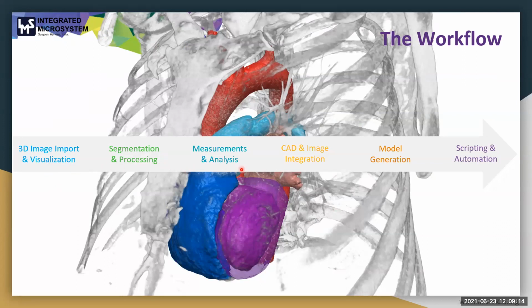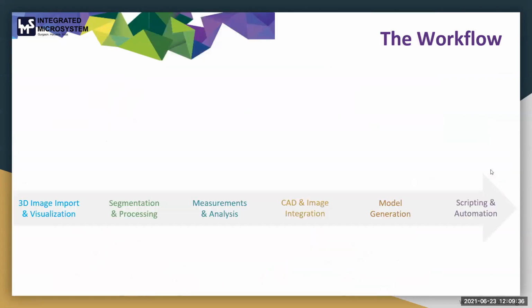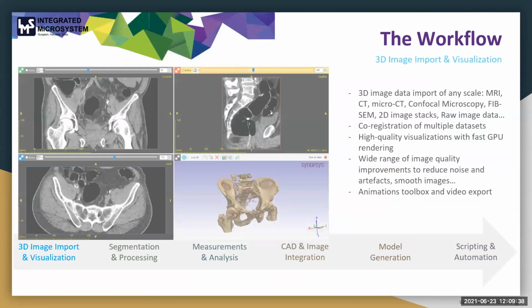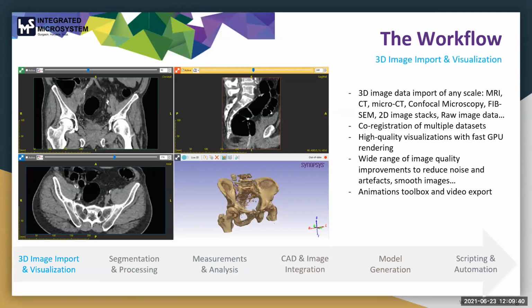After that, we have measurement and analysis for our region of interest. Then if required, we import CAD models and do the image integration. If required, we do model generation. And to automate some parts of the workflow, we also do scripting and use some automated tools. So let's start by discussing the 3D image import and visualization.